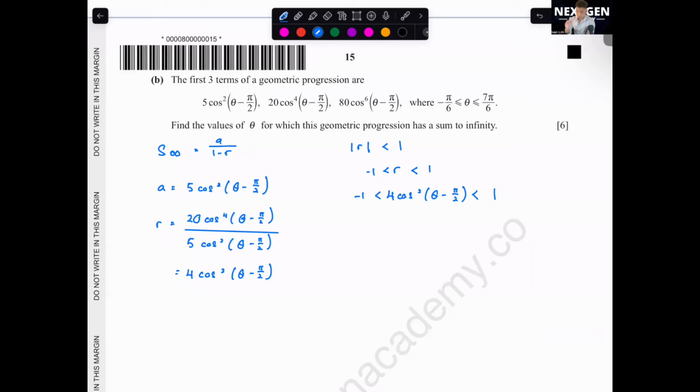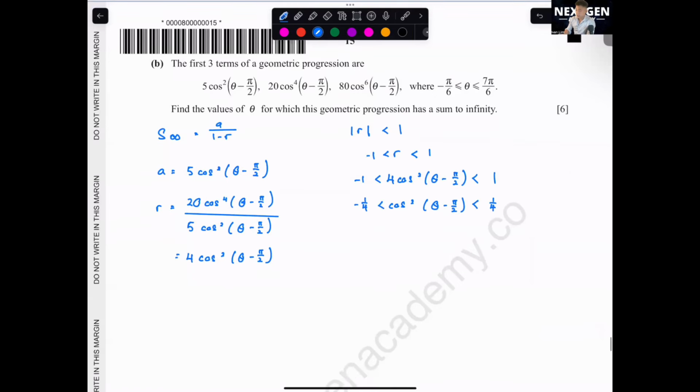We eventually want to find the range of theta, so we are trying to solve this. Simplify: we divide the whole inequality by 4. This will be negative 1 over 4 and positive 1 over 4. Then from here, we are going to square root. Cos square theta.